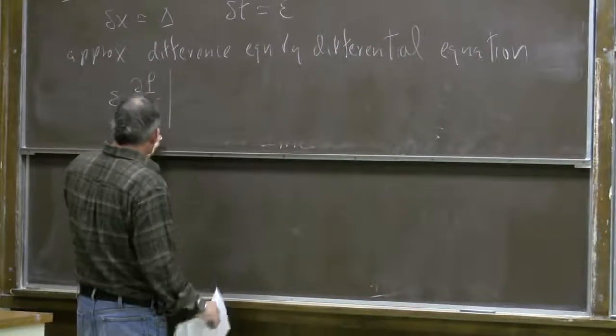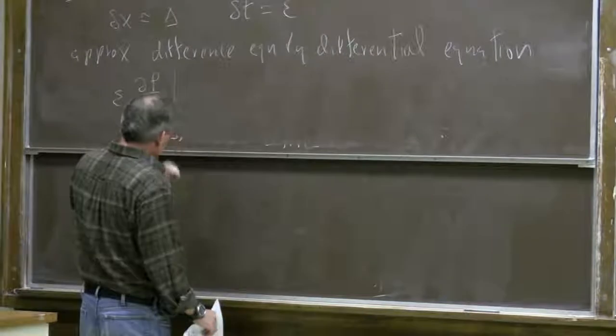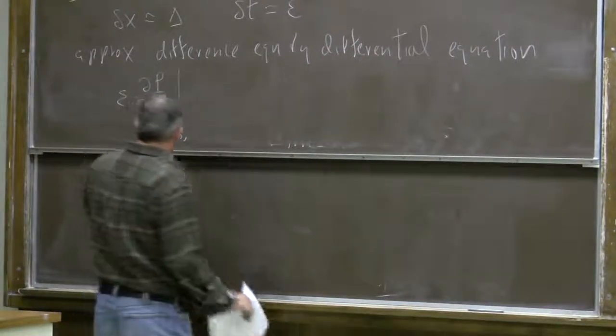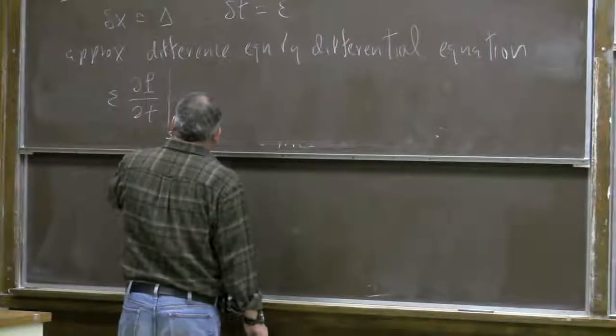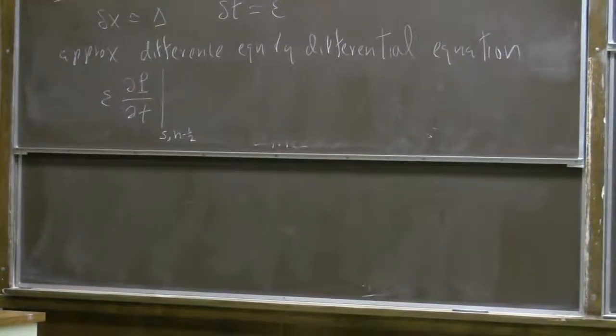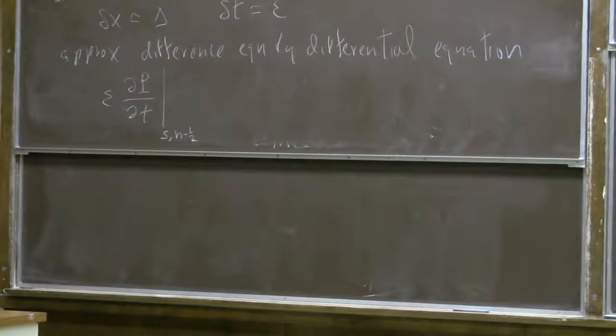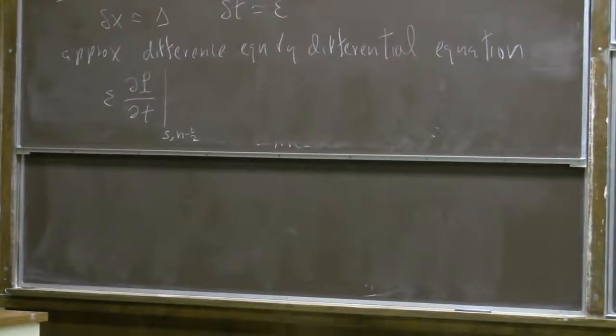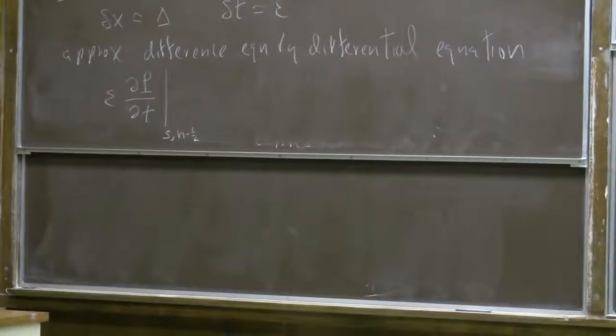And strictly speaking, I can say it's evaluated at position S on the lattice and a time in between time epsilon n and time epsilon n minus 1. I consider the time at which this derivative is defined as the midpoint of the interval.